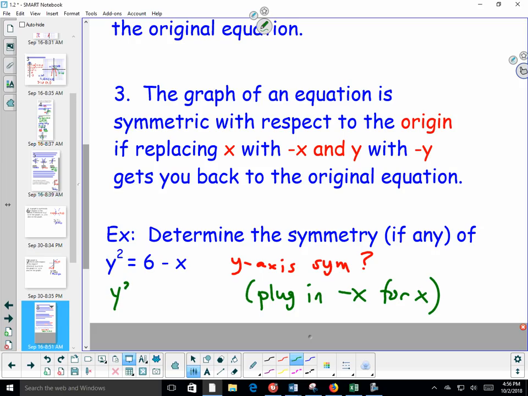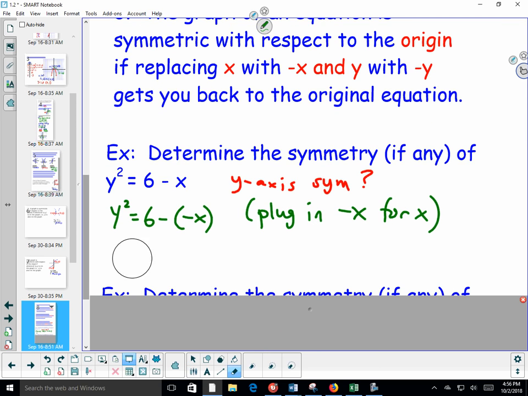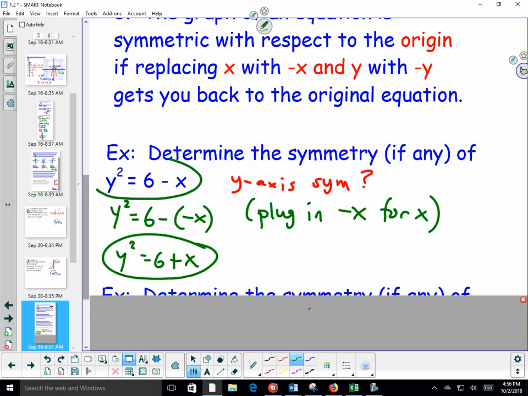I'm going to do y squared equaling 6 minus opposite of x. And so when I do that, I end up getting y squared equaling 6 plus x. So is this the same as the original? No. So does it have y-axis symmetry? No, it does not.